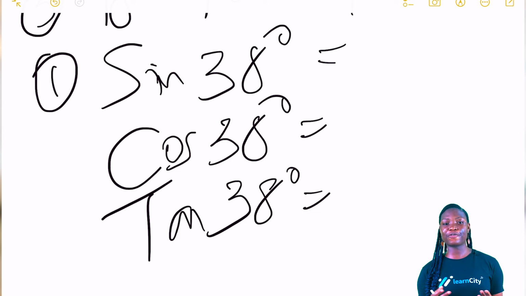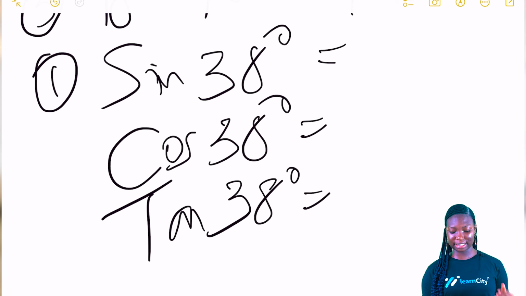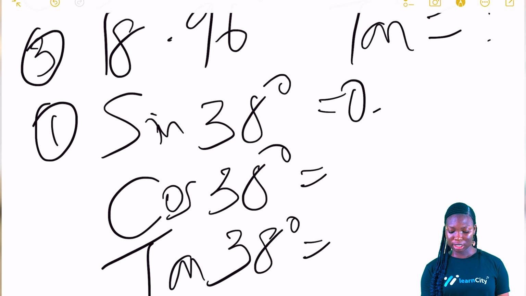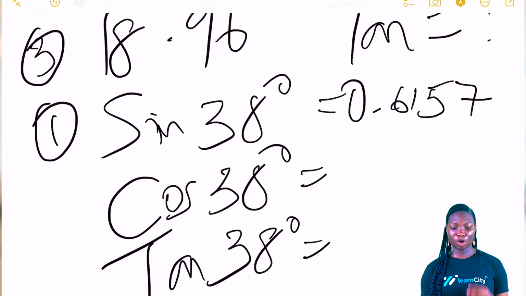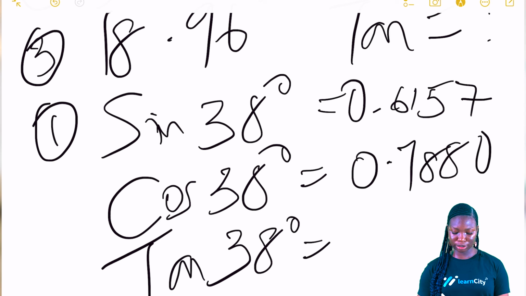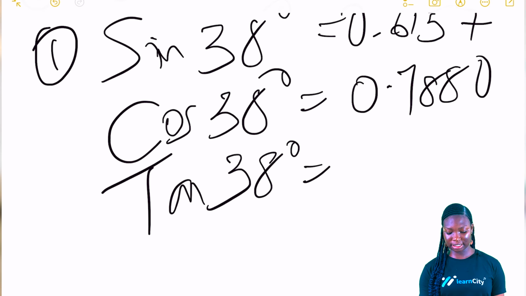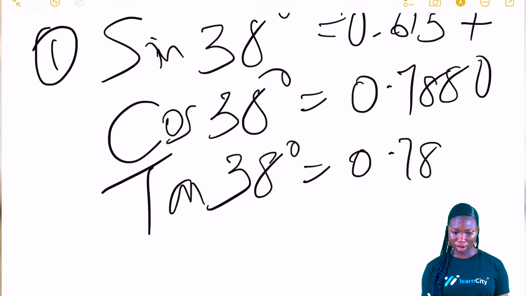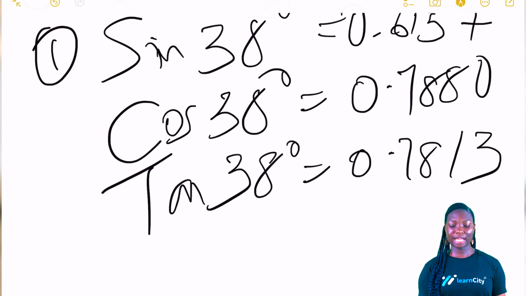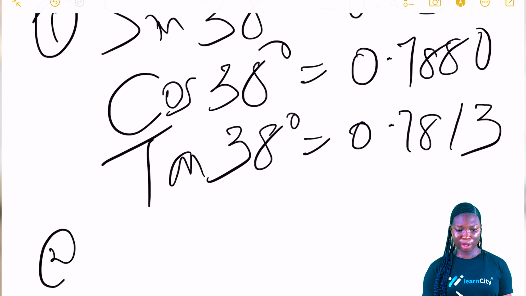And checking our four-figure table, sine 38 is 0.6157, and our cos 38 is 0.7880, and our tan 38 is 0.7813.